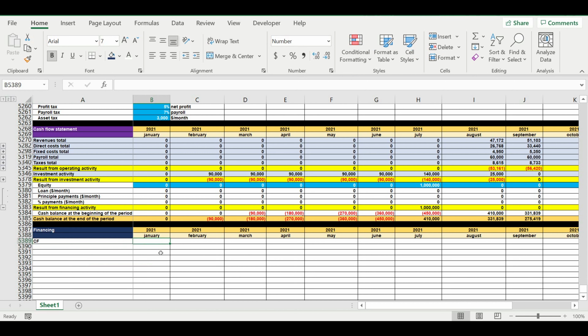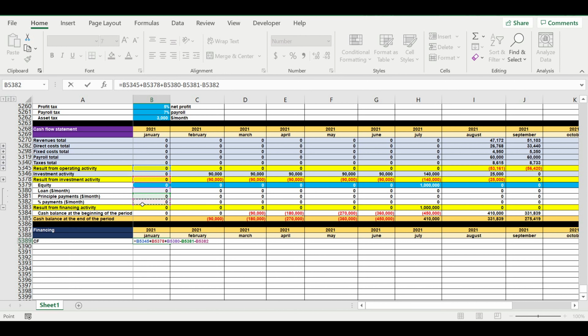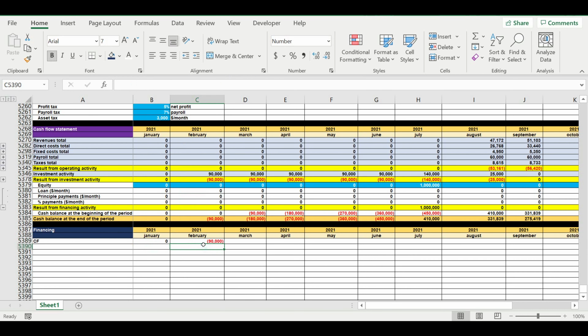So what we do, we just take the result from operating activity plus the result from investment activity plus loan minus principal payments minus interest payments. Then we create a cumulative formula.